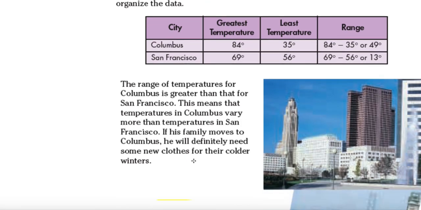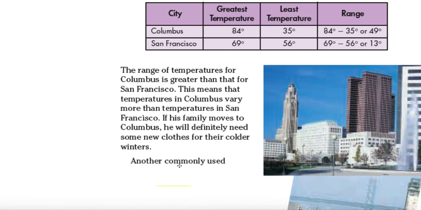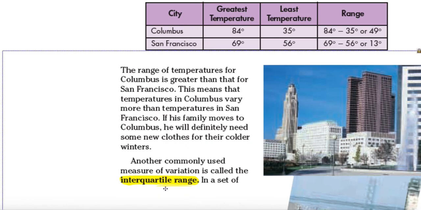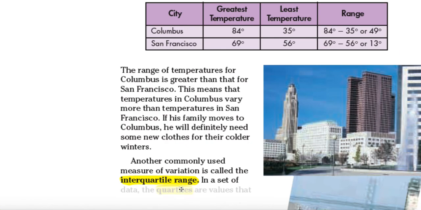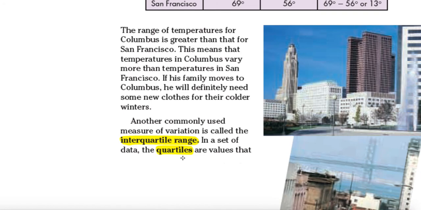Okay. So let's talk about another method. Another commonly used measure of variation is called the interquartile range. In a set of data, the quartiles are values that divide the data into four equal parts.